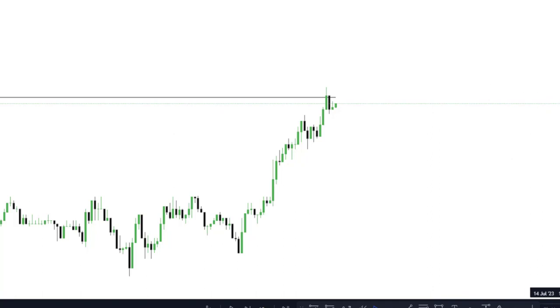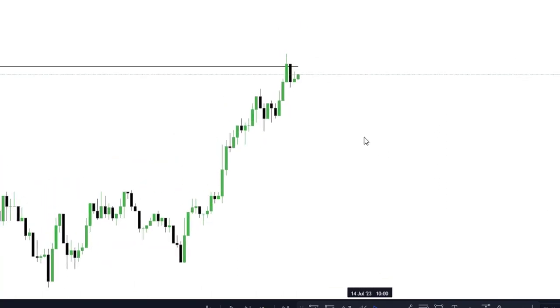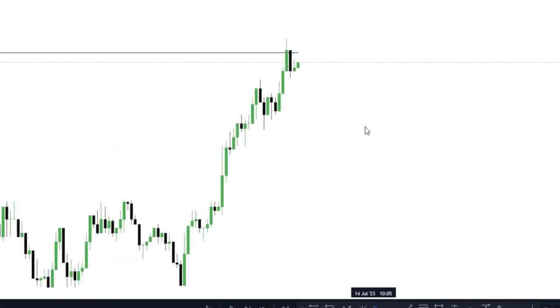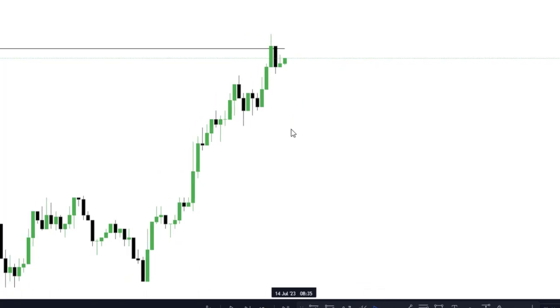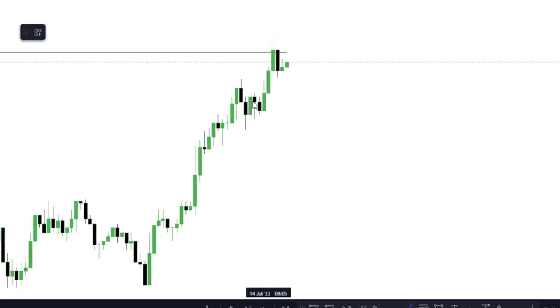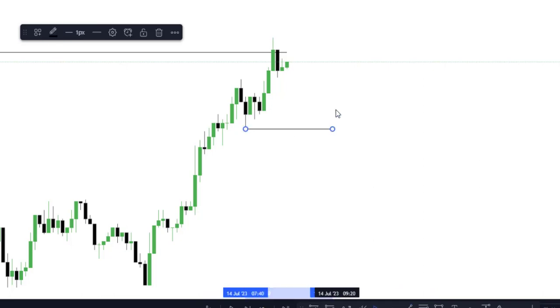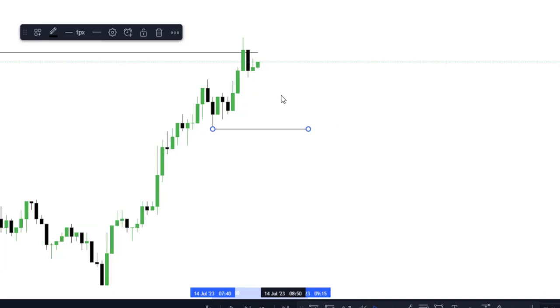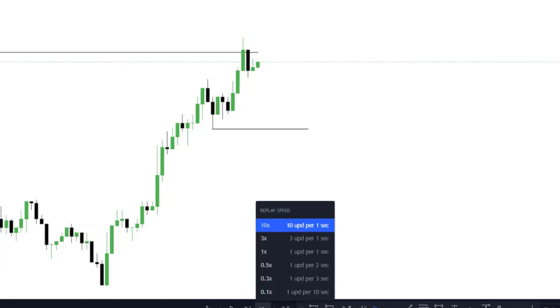If we zoom out to this chart, we see that we have engaged the previous day high, and to validate our market structure shift, we need to see this low being taken out before we can say that we now have a market structure shift to the downside.